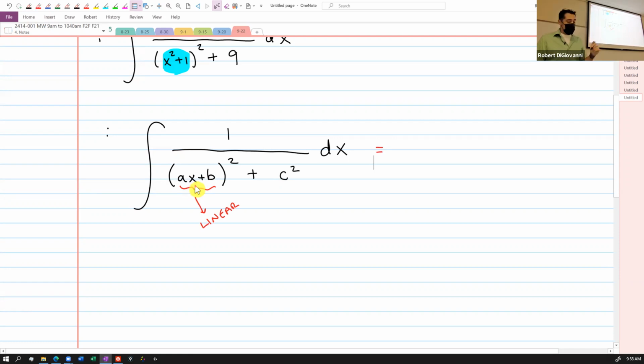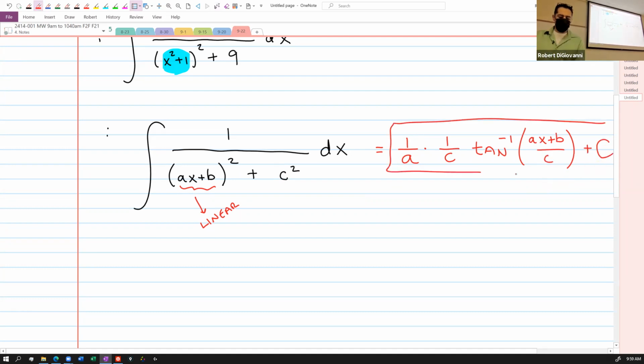So I'll have to scale that a out, with a 1/a out here, times, now I can use the formula for arctan. Be careful because we're using c here instead of a. So it'll be 1/c arctangent of what? ax plus b, that's our u, over c, plus capital C.